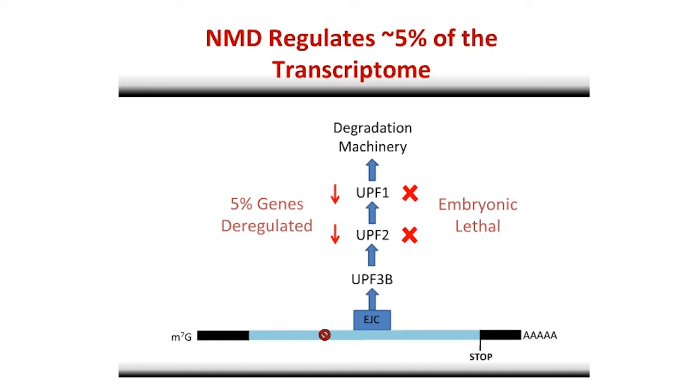And as I mentioned at the top, we became interested in this pathway because we found that mutations in UPF3B, and some of these are complete human knockouts, result in intellectual disability in man.